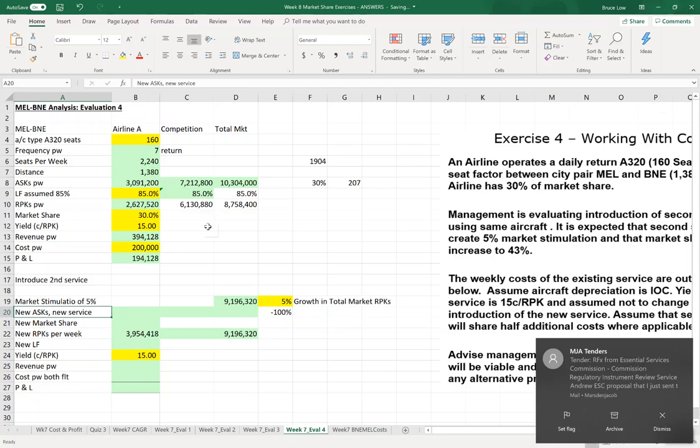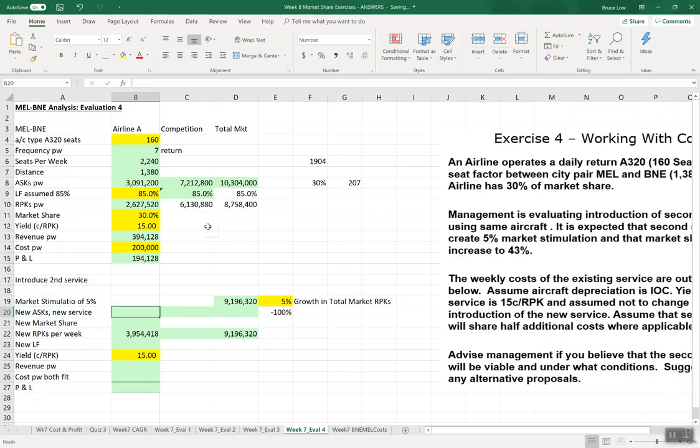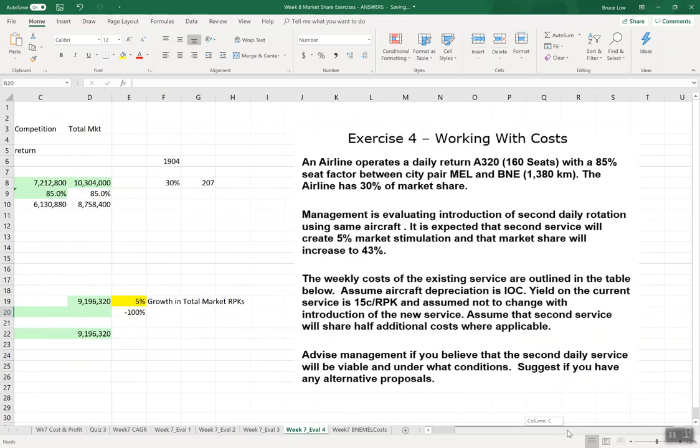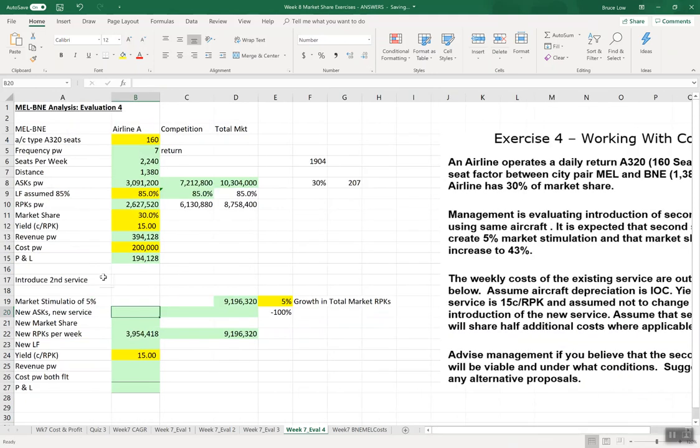So what is our new ASKs? Well, we're adding a second service with the same plane. So it's going to be seats per week times 2 times our distance. So we've got that many ASKs now.